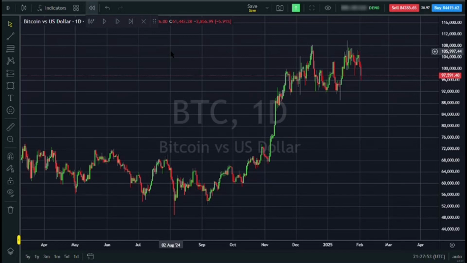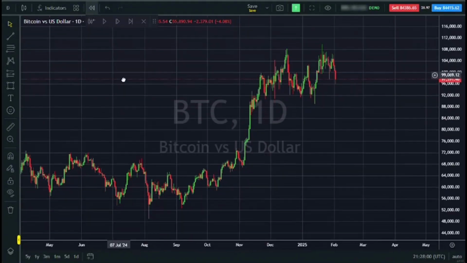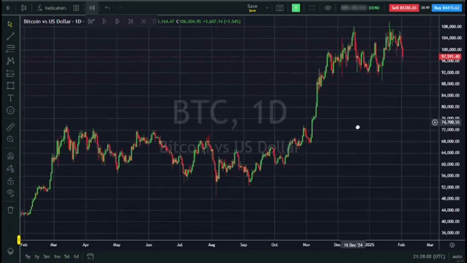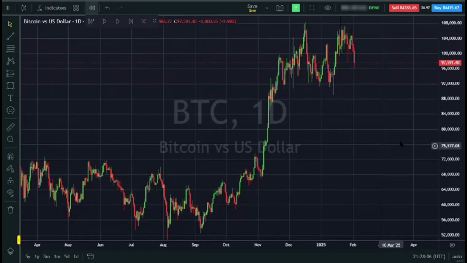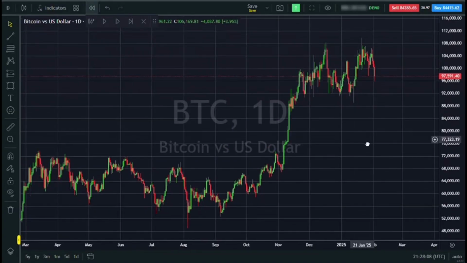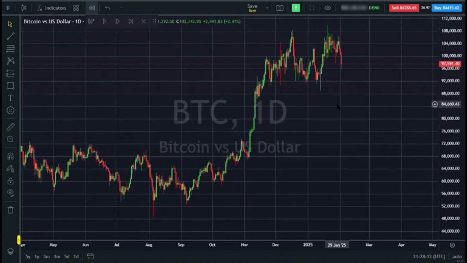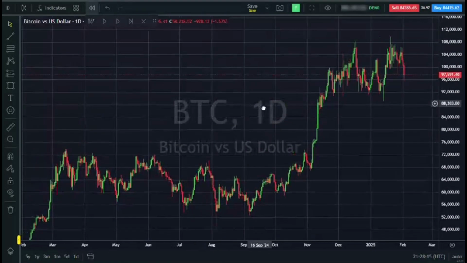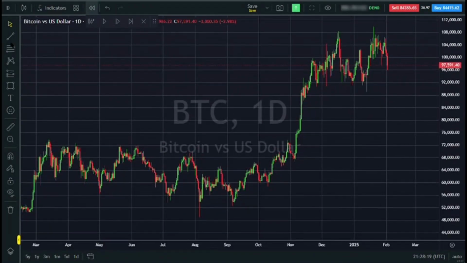And today's market analysis will be analyzing the Bitcoin against the US dollar. Of late, the crypto market has been hugely bullish, that is in the weekly, daily, and the 4-hour time frame.